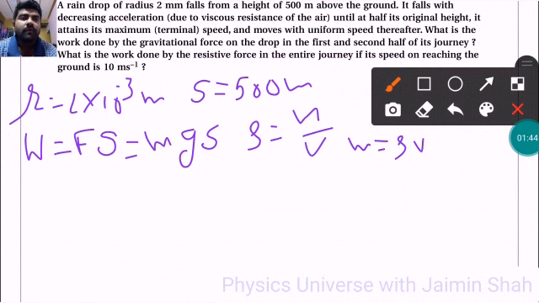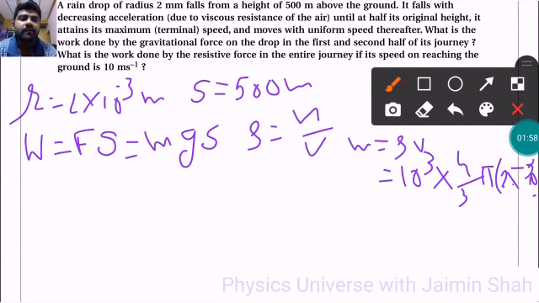Now it is a raindrop, so 10 raised to 3 into v, where v is volume, so 4 by 3 pi into r, which is 2 into 10 raised to minus 3, cube, right? So that is mass.